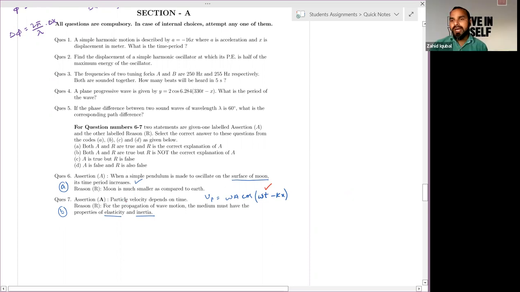It has written only one part. We may say the velocity of the particle will depend upon both time as well as position. So this is half part of that statement. So this is also true, and particle velocity also depends upon position as well, which is also true.